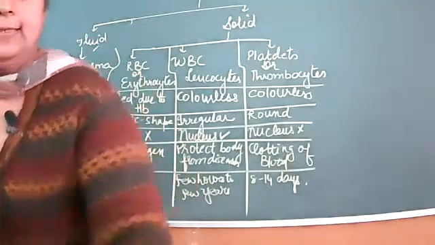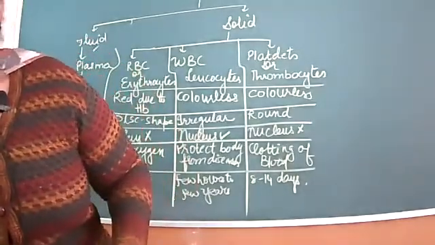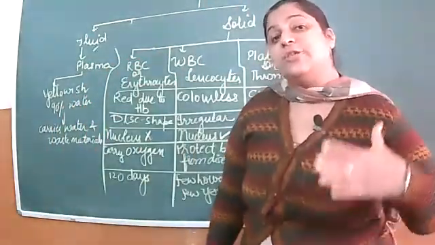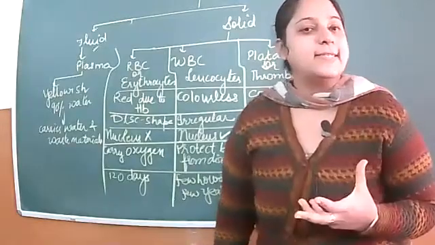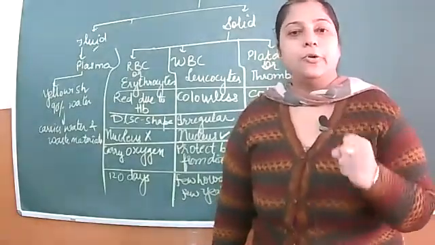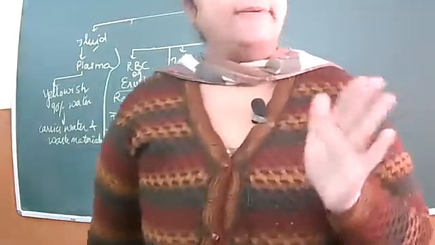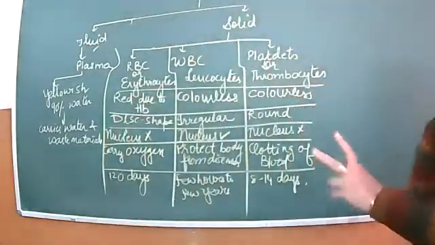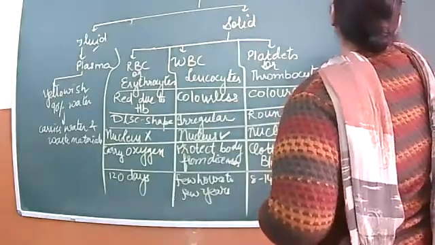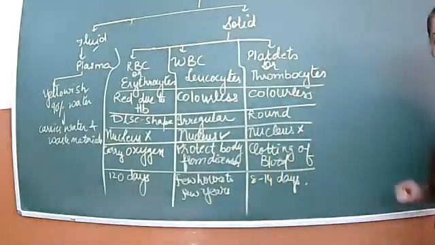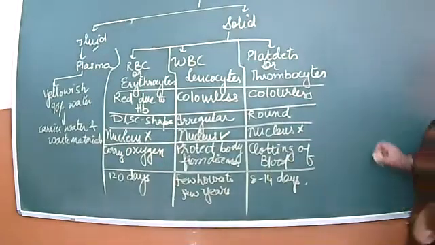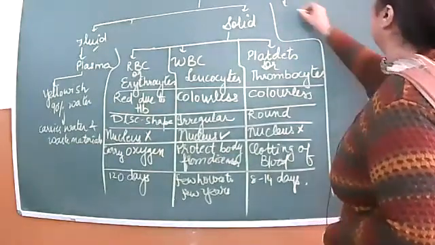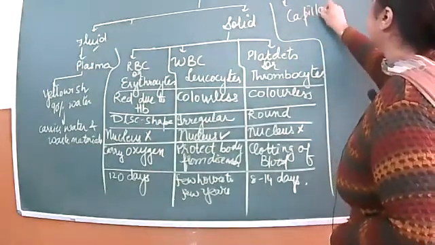Now next आ गया blood vessels. बच्चे blood vessels क्या हैं? These are the kind of tubes, pipes in which blood flows. So there are basically 3 types of blood vessels: arteries, veins and capillaries.